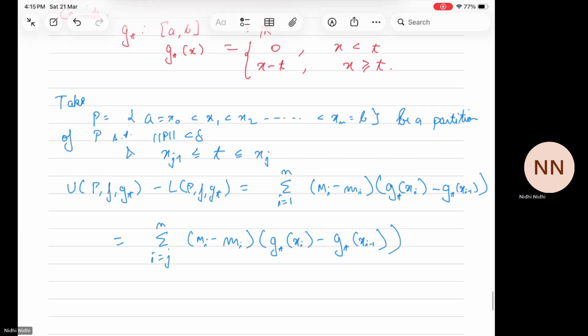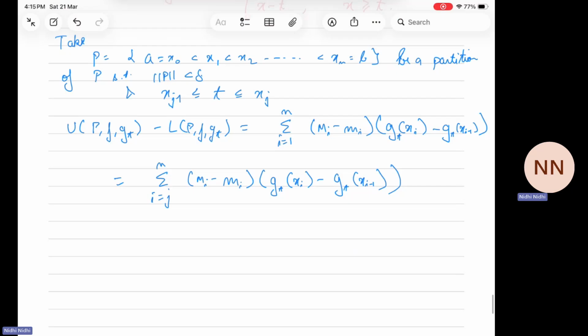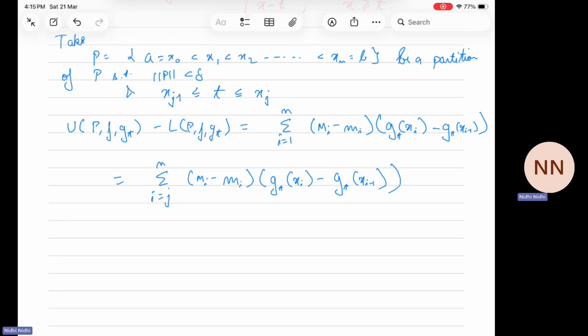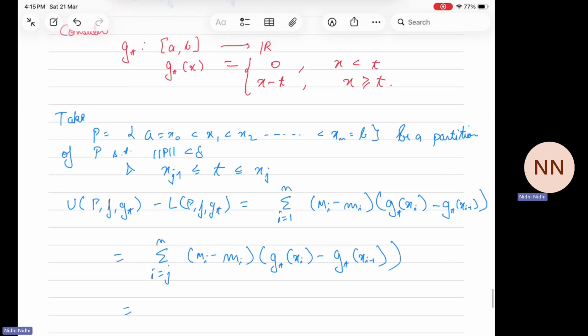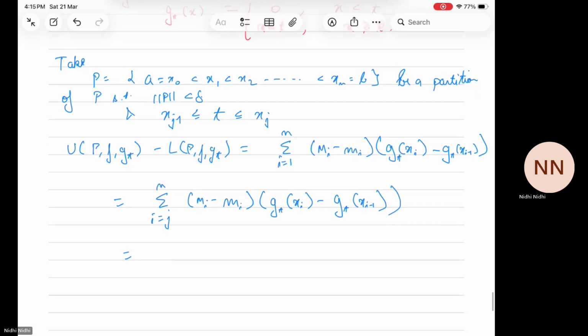And for x greater than or equal to t, it is exactly equal to x minus t. I should write it to be j plus 1, no?